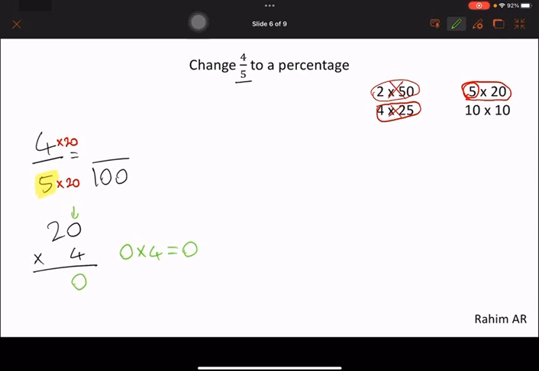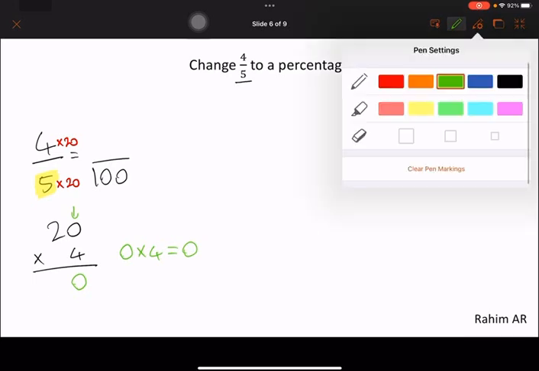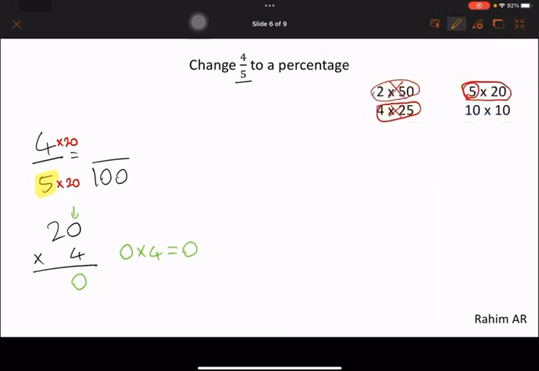Since 0 is a single digit number, no need to write down anything at the top of 2 here. Then I will choose orange. Orange, 2 times 4. 2 times 4 equals 8. So now we have 80 for our answer.